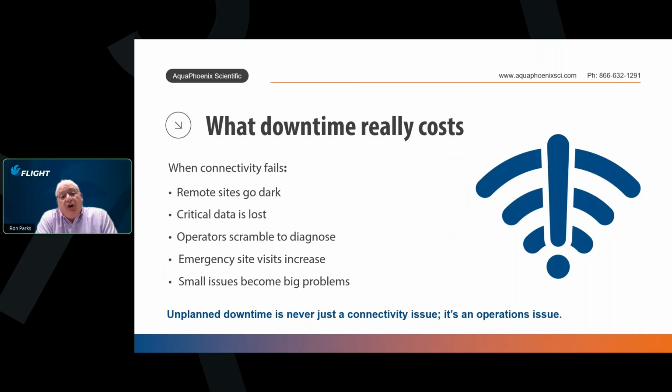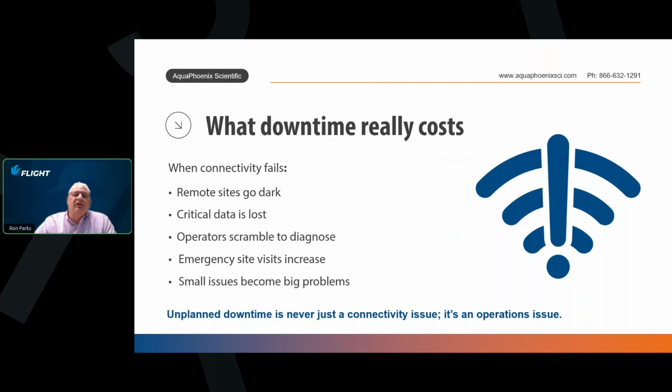Again, it's a cost. And small issues can escalate into bigger problems. So unplanned downtime isn't only a network problem, it's an operational problem that ripples through production, any compliance requirements that you have, and worst of all, it leads to a bad customer experience.